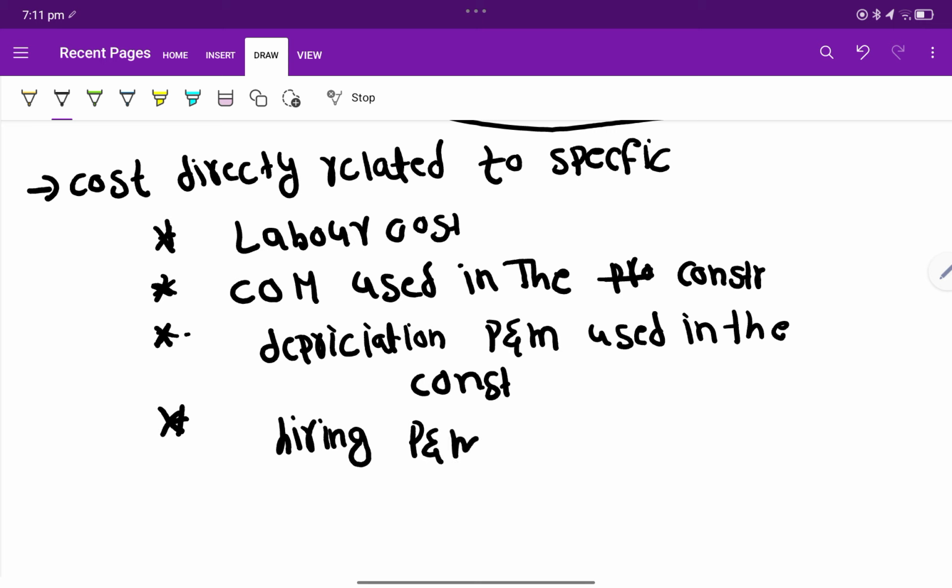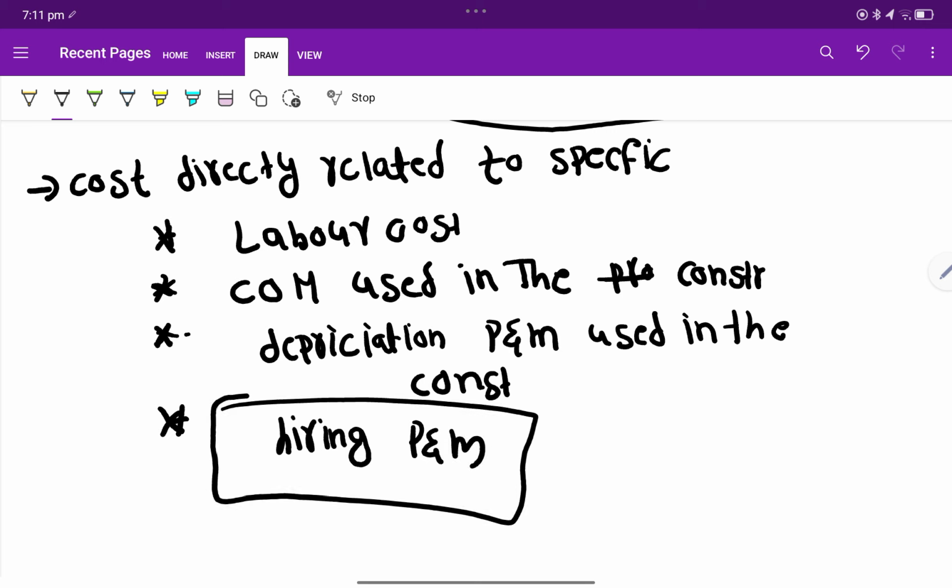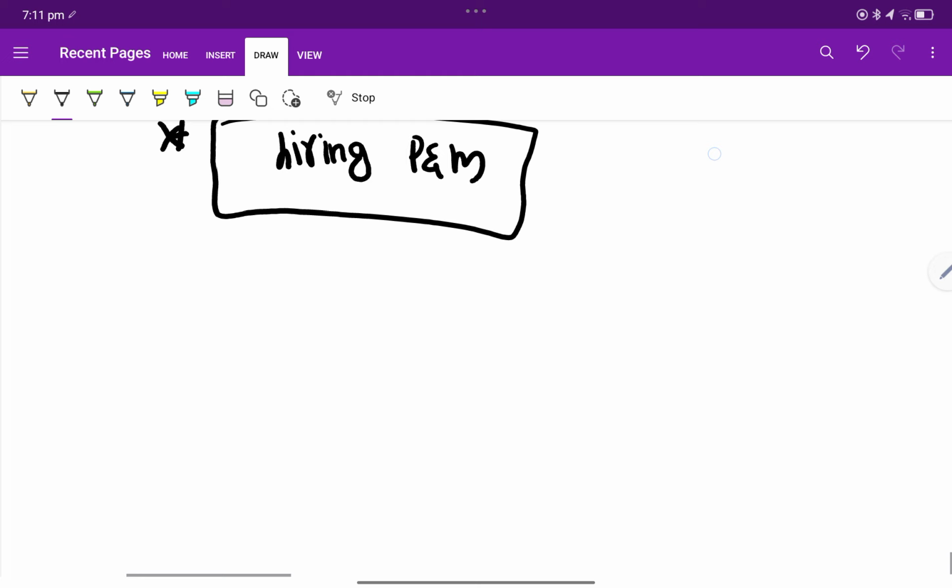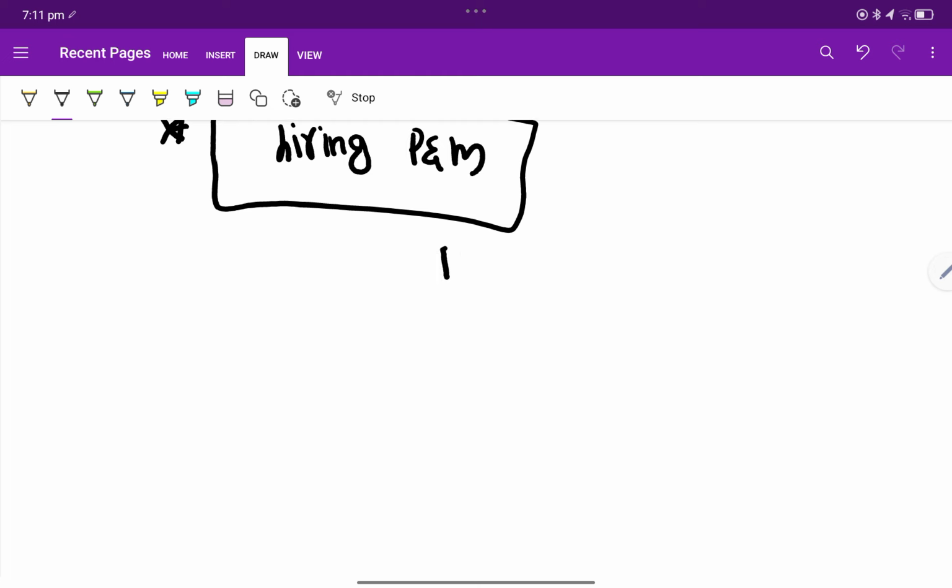You need not remember all these things, because in the question they may directly give that these costs are directly related to the construction of a contract. In this one you need to remember the depreciation of plant and machinery.